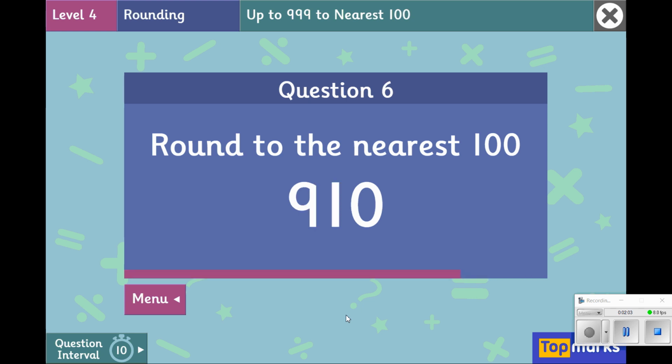Round 910 to the nearest 100. Round 58 to the nearest 100. Round 9 to the nearest 100.